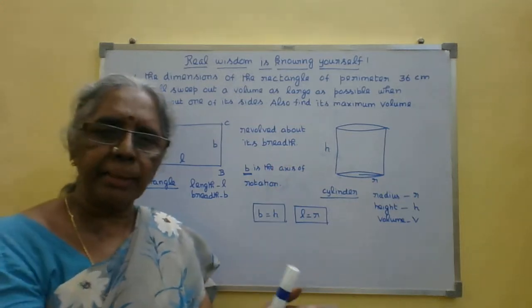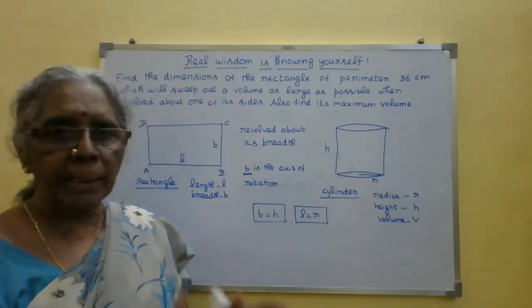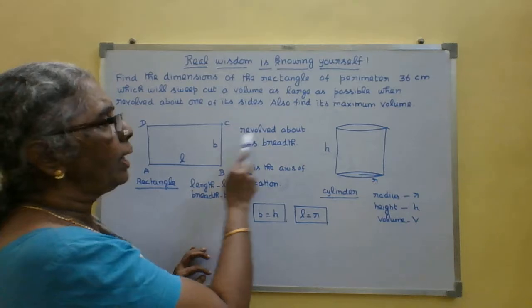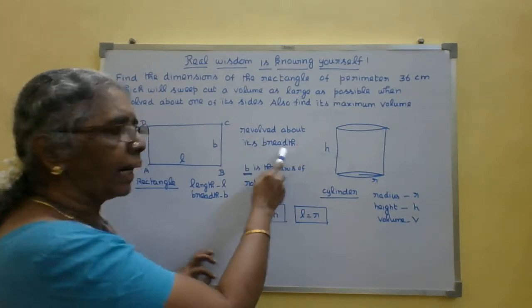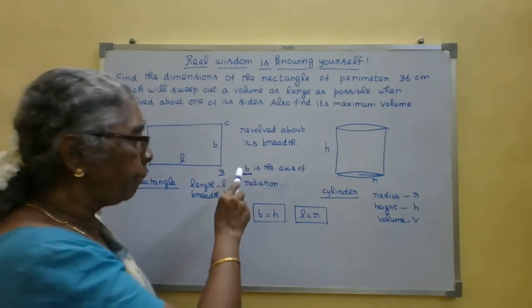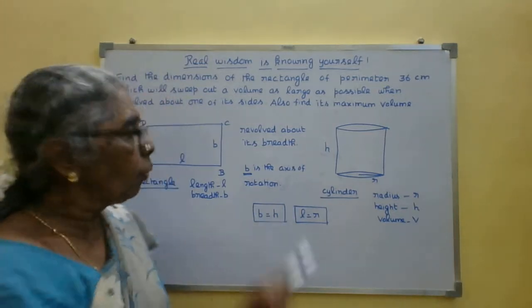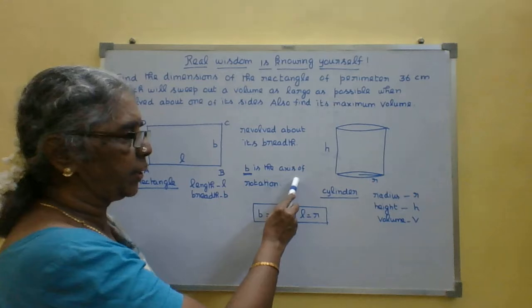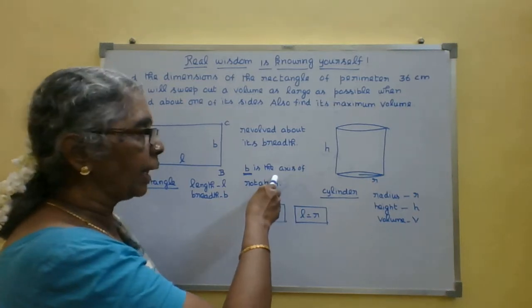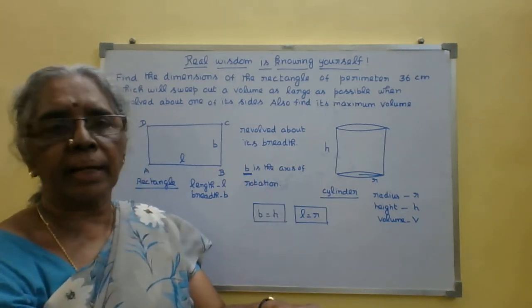We can take either breadth or length. Now I have taken it revolved about its breadth. That means B is the axis of rotation. Whatever is the axis of rotation will become the height of the cylinder, I told you.